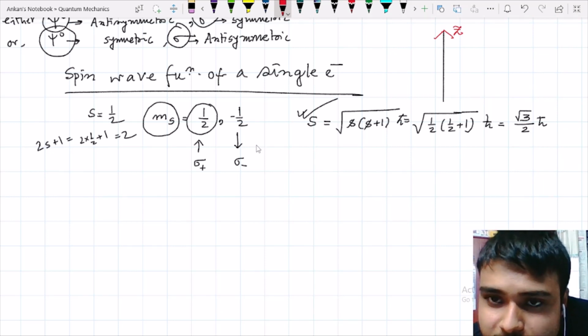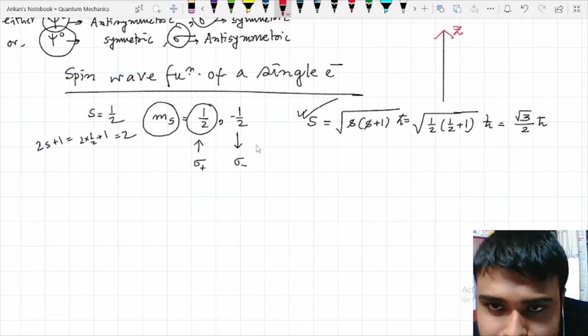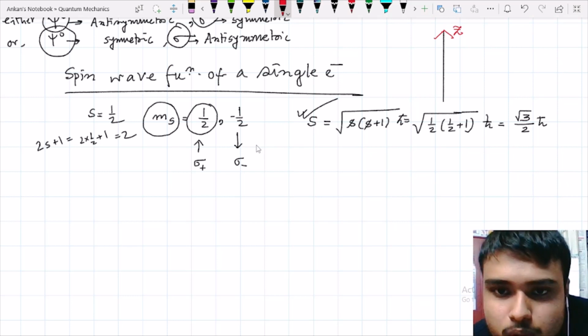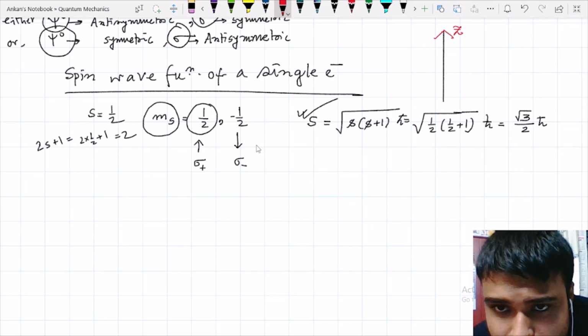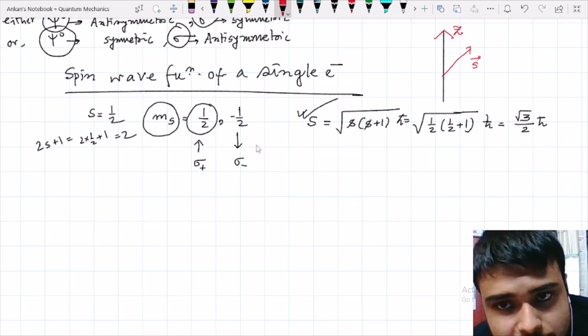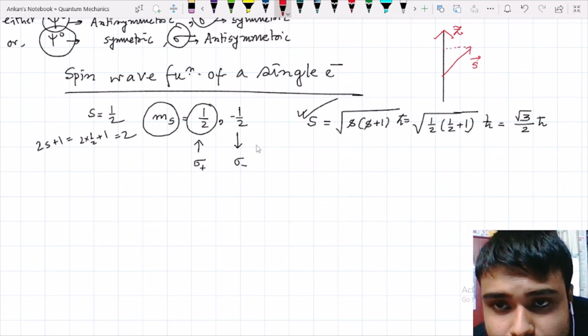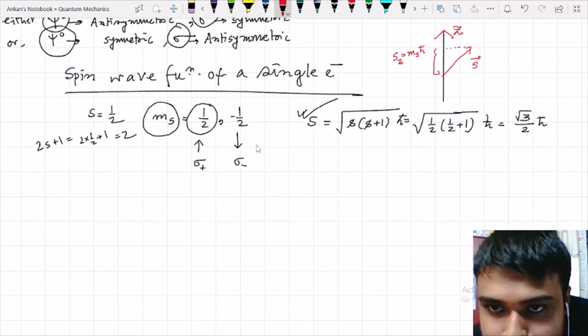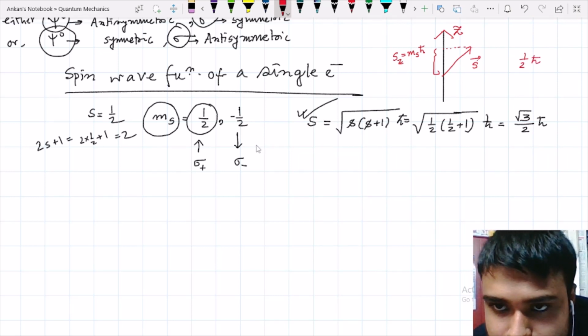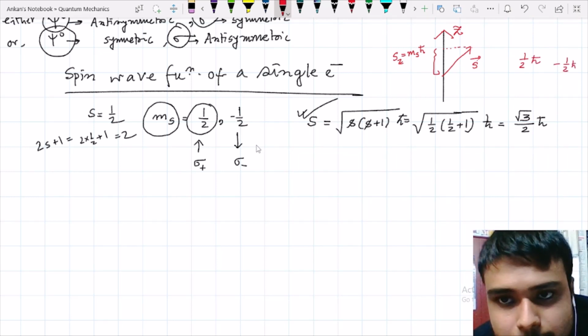Now I have considered an external magnetic field applied along the z direction, so let us say this is the spin angular momentum. Then the projection of spin angular momentum along the z-axis can be given by Sz equals ms h bar. So for up spin this will be half h bar, and for down spin this will be minus half h bar.